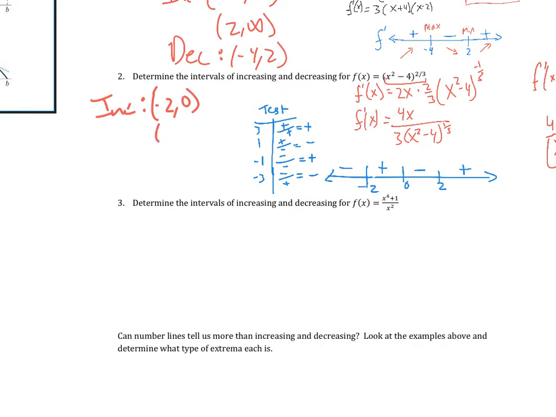Everywhere this is positive, and from 2 to infinity. Decreasing is going to be from -infinity to -2, and from 0 to 2. So that's what we're looking for there.